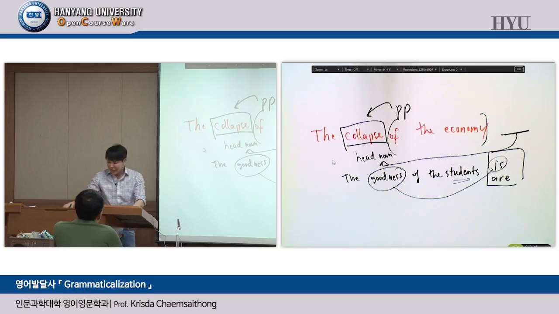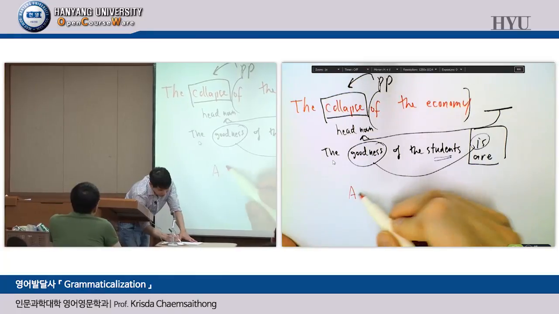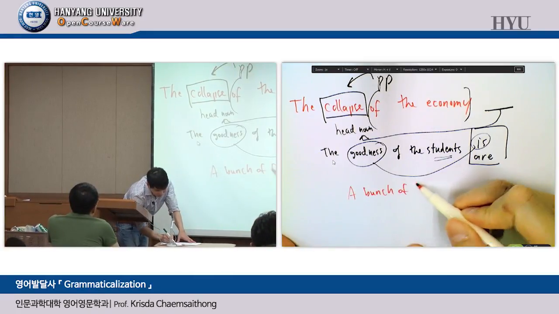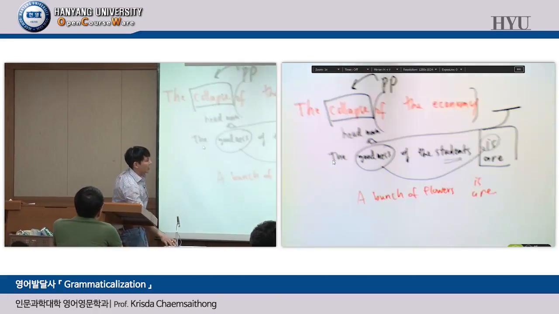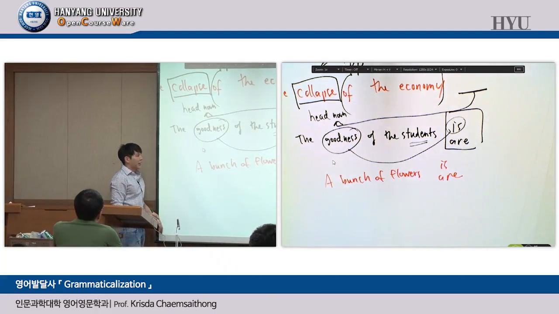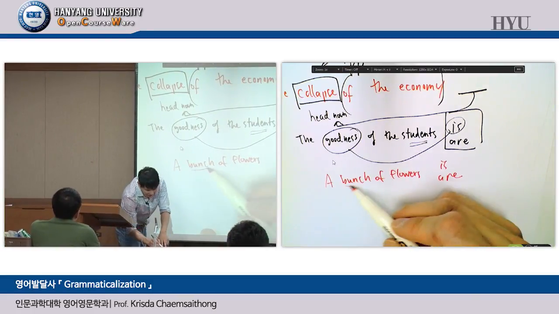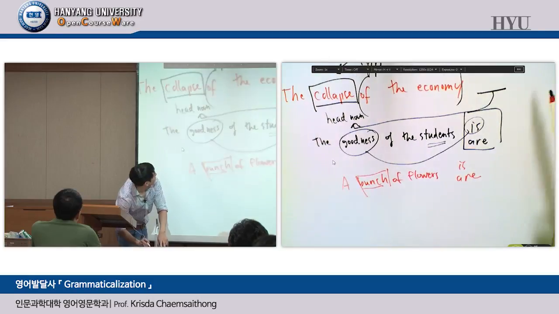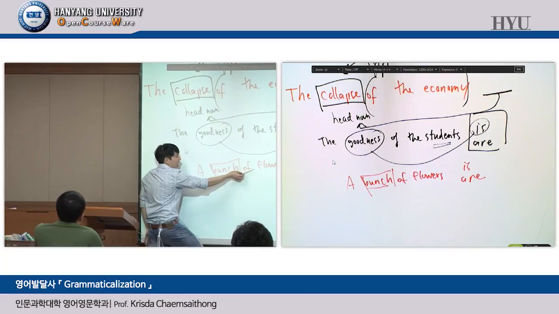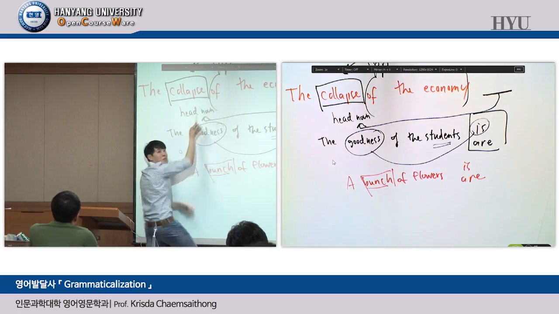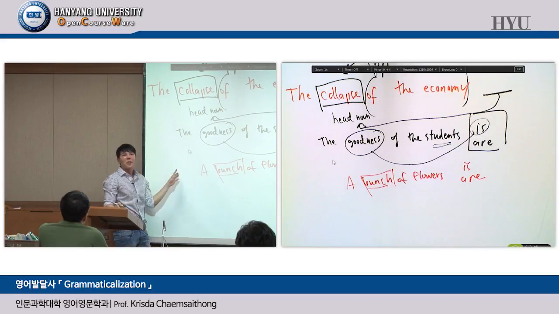However, in some cases, "a bunch of flowers," you use is or are. What's the head noun here? To keep it parallel, the noun before "of" should be the head noun. So in this case, bunch should be the head noun.